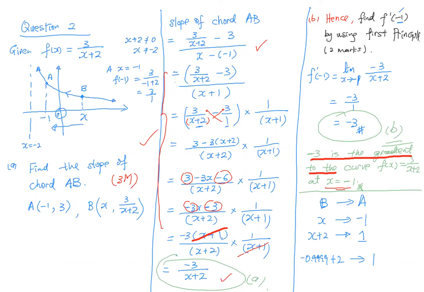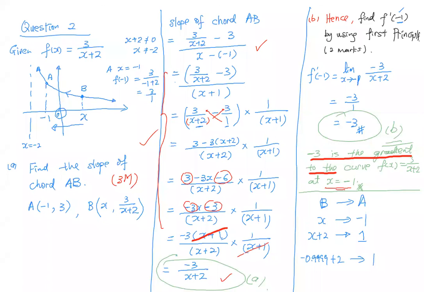Any questions? If the question asks for f prime x, what is the limit to x? If the question 2b asks for f prime x, that means you are asking for the slope function. F prime x means we are using this formula.